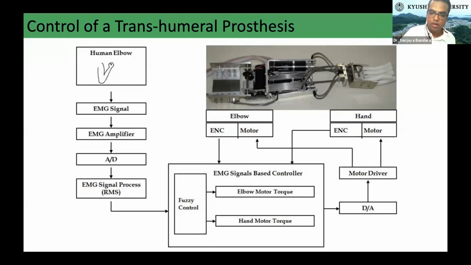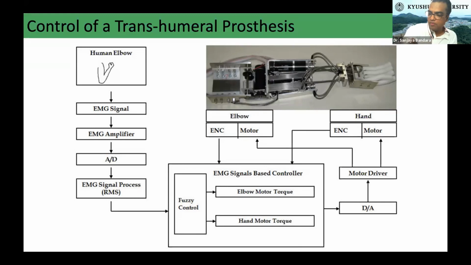But they also use the biceps and triceps to control the hand function. So the hand grasp is controlled using the contractions of the biceps and triceps together.